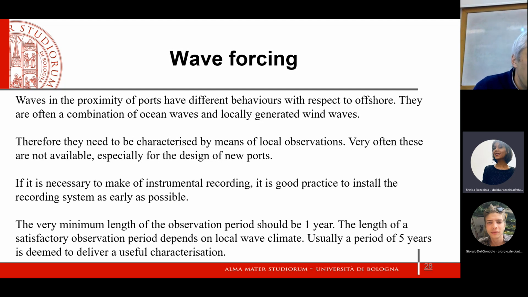It depends, of course, on the impact that a collapse may have. But for structures that do not involve a real danger for human life in case of flooding, usually the return period that is used is about 30 years, with some exceptions for critical situations. So when you have 5 years of data, it's already a good piece of information.